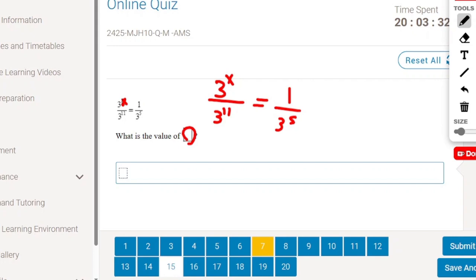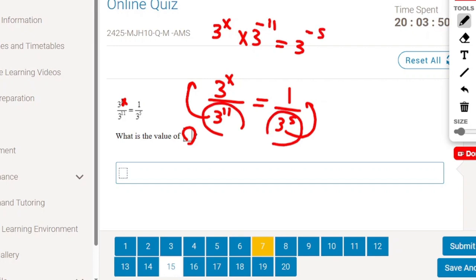Okay, let's solve this question by flipping these numbers to the numerator. So it will be 3 power of x multiplied by 3 power of minus 11 will be equal to 3 power of minus 5. We flipped this number from the denominator to the numerator. So we have the same numbers here.